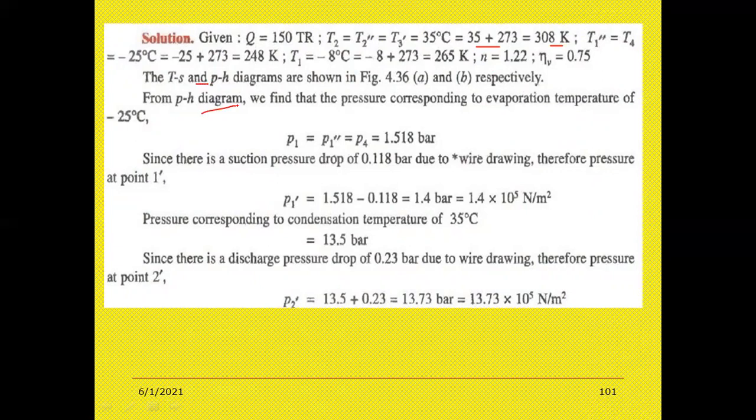From the pH diagram, the pressure corresponding to the evaporator temperature is P1 is equal to P1 dash, that is equal to P4, that is equal to 1.15. Therefore, at point 1, P1 dash is equal to 1.518 minus 0.118.